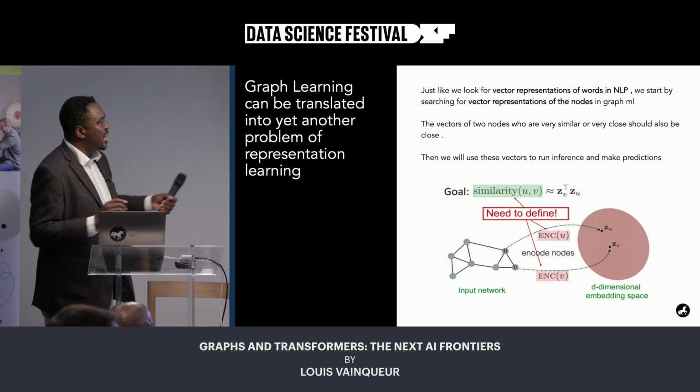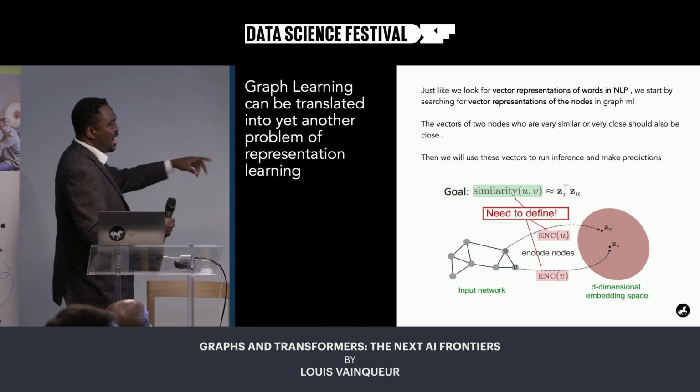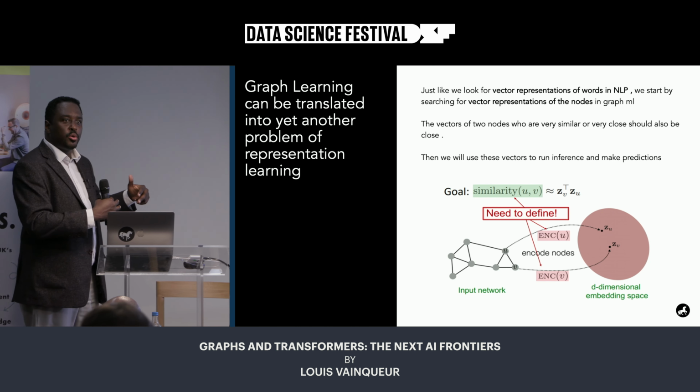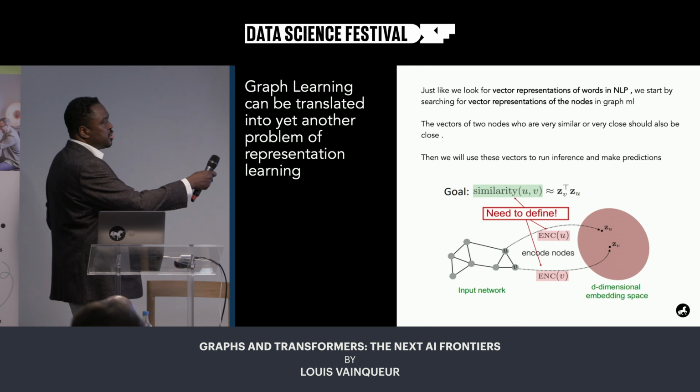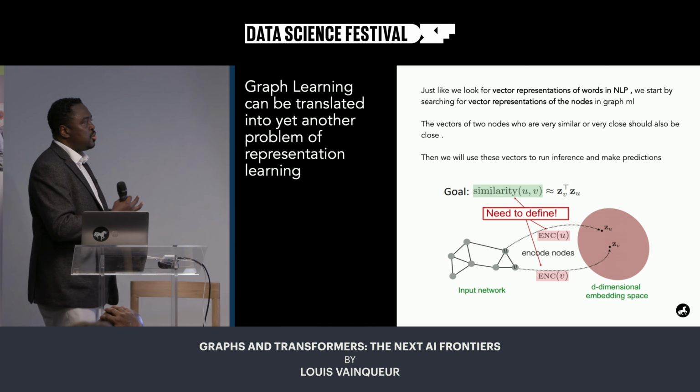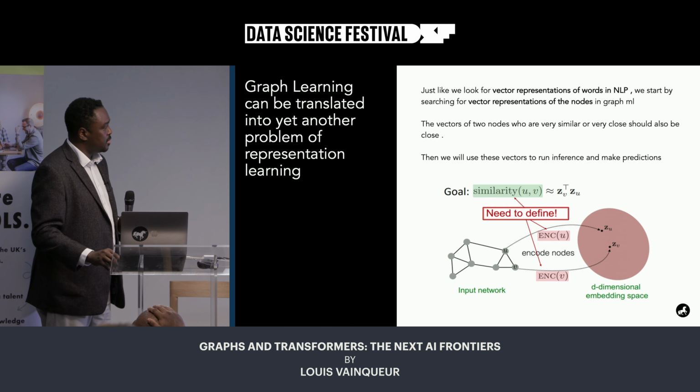And so that's what you see there. On the left, you have the graph where U and V are directly connected, so they are close in the graph space. And on the right, you have the d-dimensional embedding space, and you want them to be close as well.